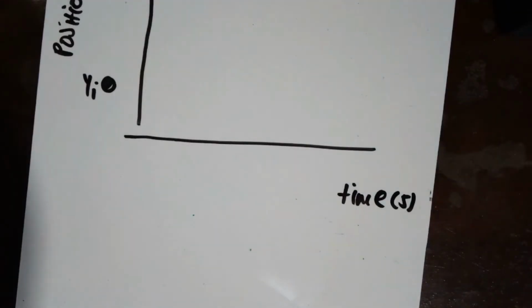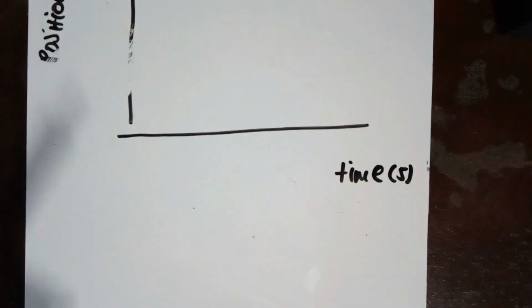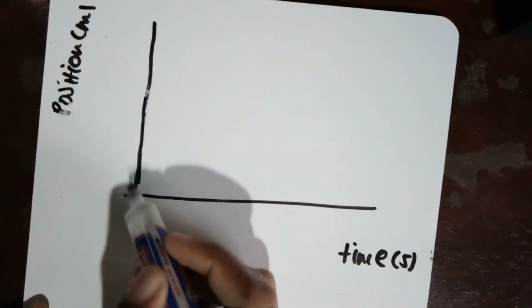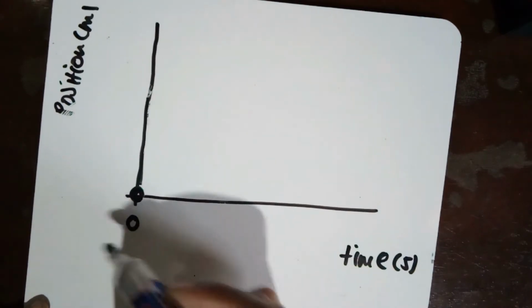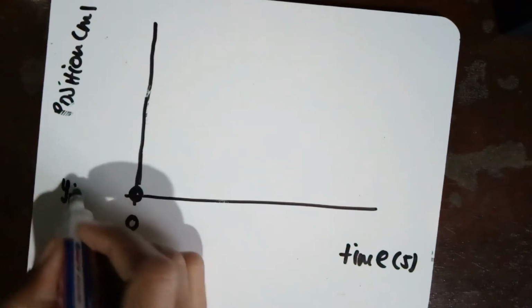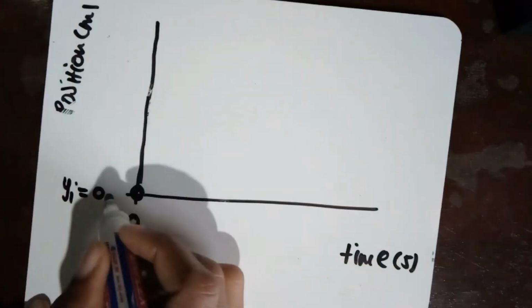You launch your projectile from this point. Let's say this is 0, though it doesn't always have to be 0. We call this yi, so yi is 0 meters.